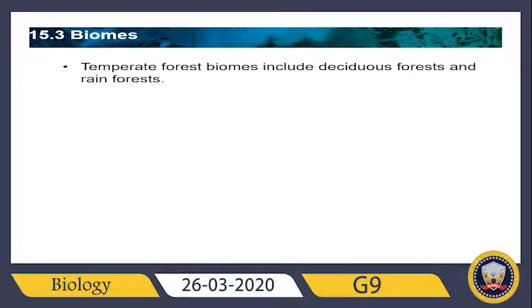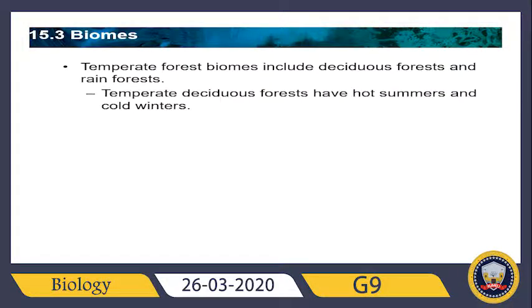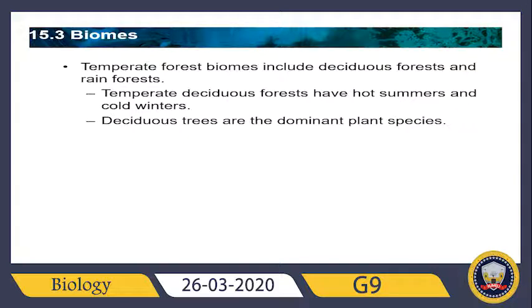Now, temperate forest biomes include deciduous forests and rainforests. Temperate deciduous forests have hot summers and cold winters, actually very cold winters. Deciduous trees are the dominant plant species. Most plants are deciduous trees.